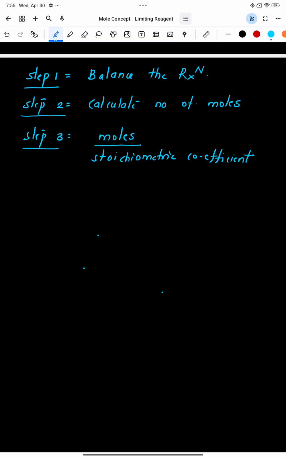Now this step is the most important step. Why? The lowest ratio available in step 3 is the limiting reagent.